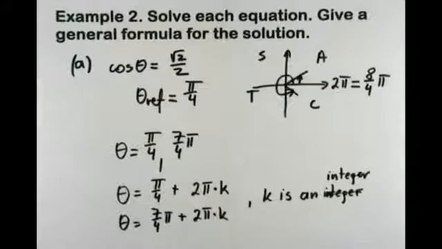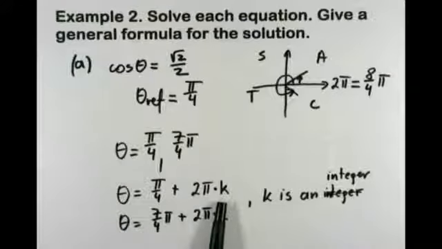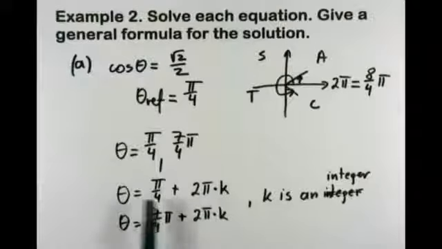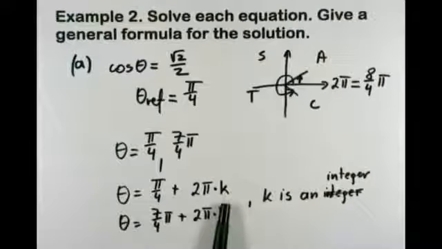Integer means 0, 1, 2, 3. So substitute 0. 2 pi times 0 is 0, so my solution is pi over 4. If I substitute 1, I have 2 pi times 1 is 2 pi, so I have pi over 4 plus 2 pi, so that's one more revolution. If I substitute 2, that would be 2 revolutions, 3 revolutions, and so on.